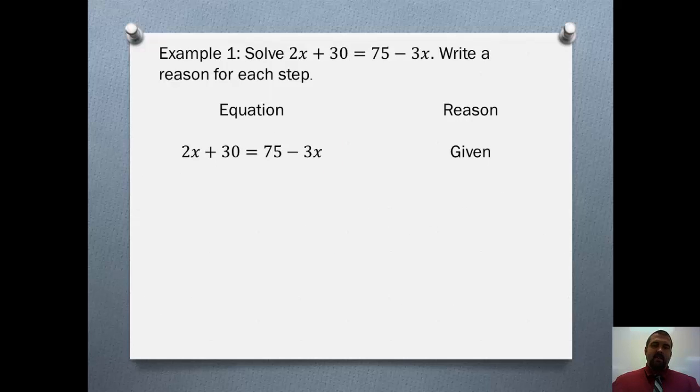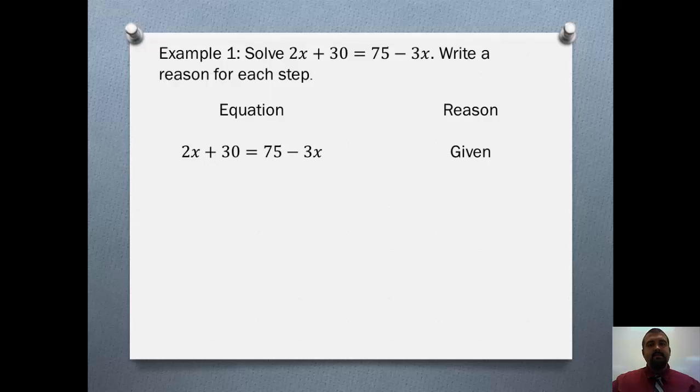So for instance, in example 1 I'm asked to solve 2x plus 30 equals 75 minus 3x, and I need to write a reason or justify my step. The first part, I'm going to separate it into 2 columns, equation and reason. Over here, I'll rewrite what I started with, and I'll say that's what's given, because it was.